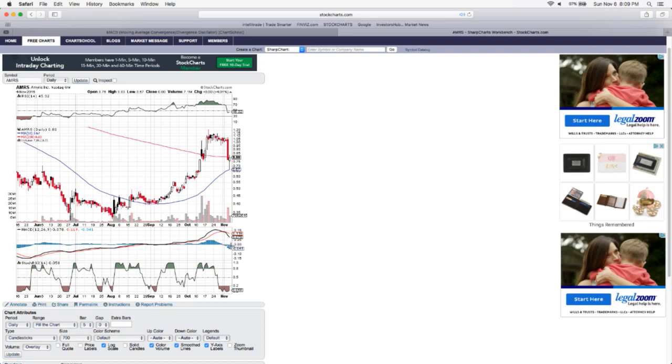Basically, when the MACD goes under 0, it's extremely bearish. You can see down back here it was way down under 0. And until it gets over 0, right here, is when it starts to become bullish.